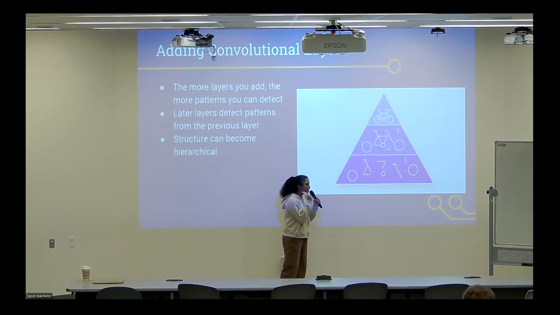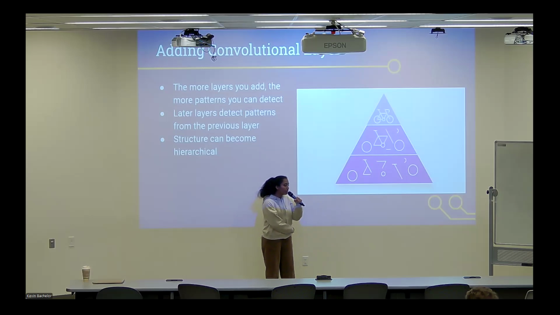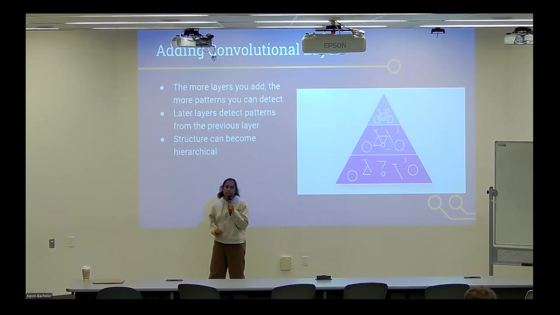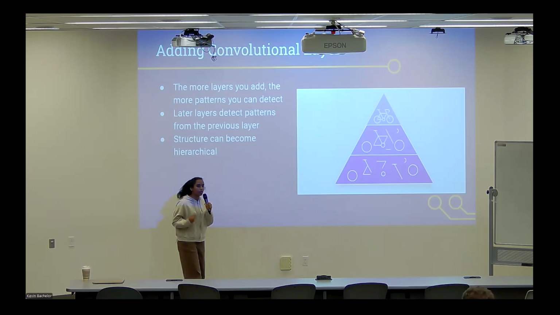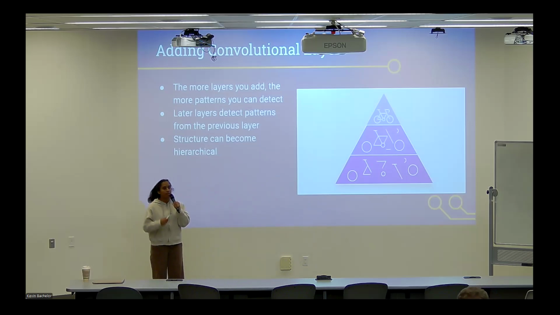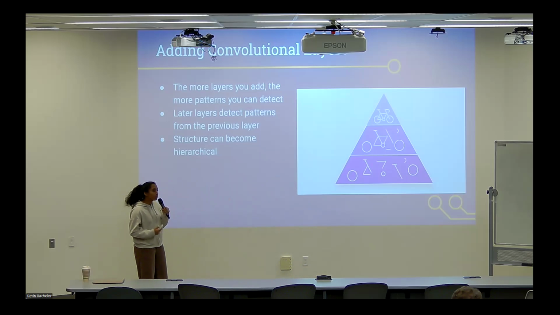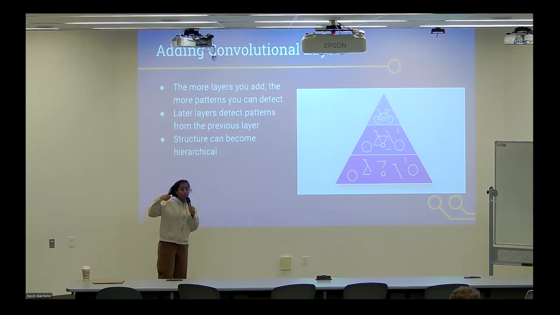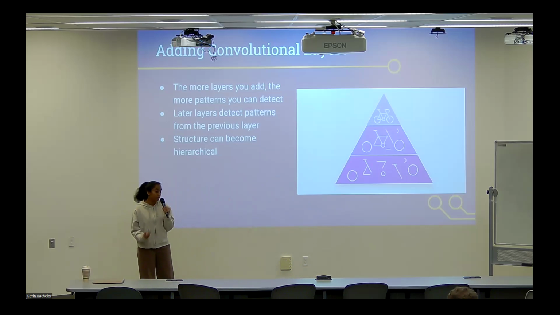We look at each specific tire, each component of each subsystem. So the more layers you add, the more you're breaking the image down into smaller and smaller portions and looking for more and more patterns within it. You can detect, beyond simple geometric shapes, more complex things in the image. So as a result, the structure can become a little hierarchical.